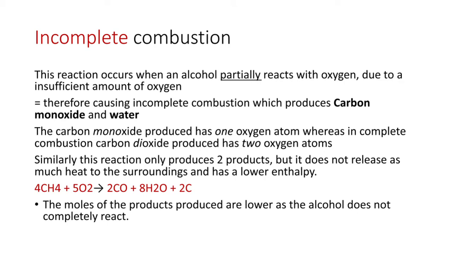As a result, two products are formed: carbon monoxide and H2O. As you can notice, carbon monoxide is formed, whereas in complete combustion, carbon dioxide is formed. Carbon monoxide has one oxygen atom, whereas carbon dioxide has two oxygen atoms. So we can see how in this reaction there was an insufficient amount of oxygen, therefore carbon monoxide has been produced.